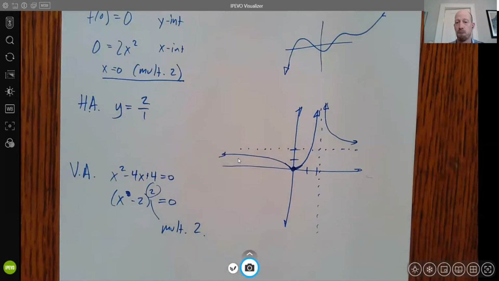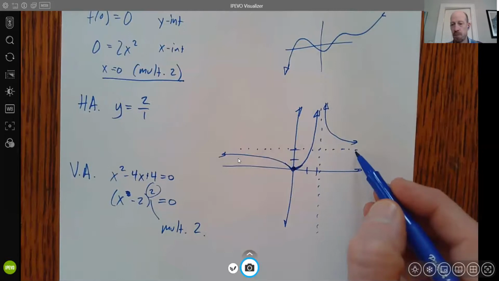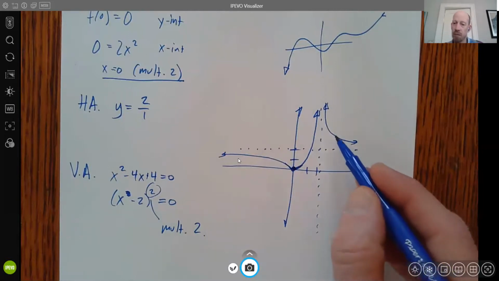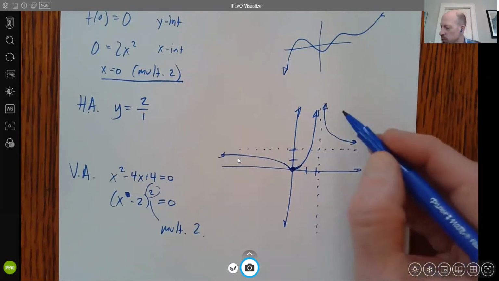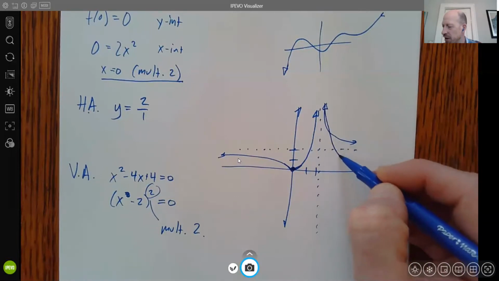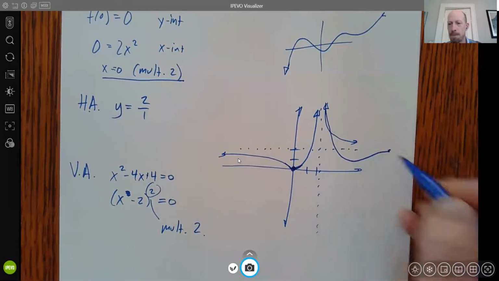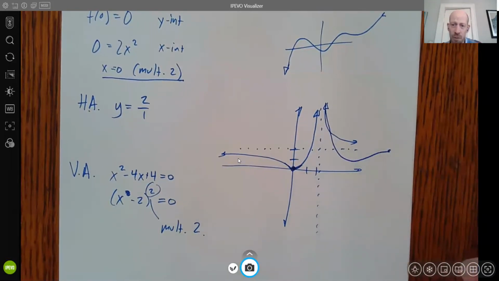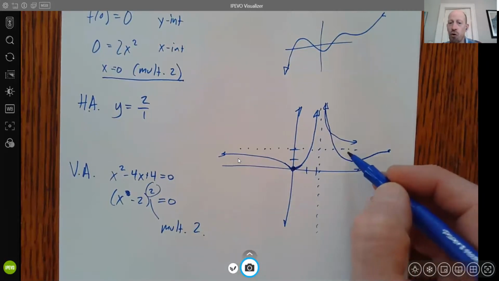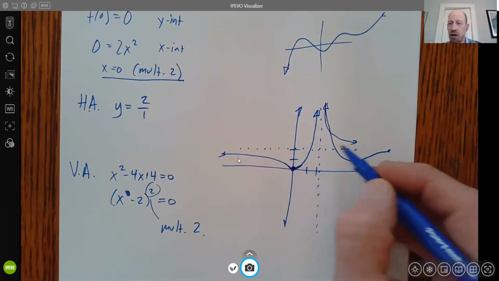So why didn't that second one go below the 2 horizontal asymptote? Well, again, we can figure that out. So it's possible it did this. That would be an okay answer as well. It's okay to cross the horizontal asymptotes.